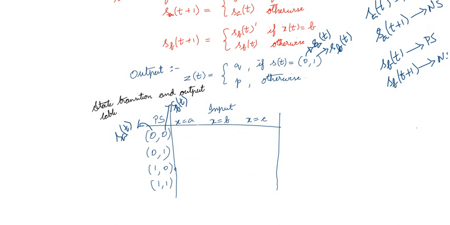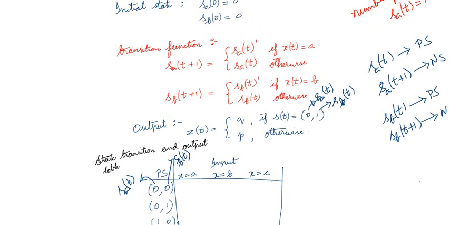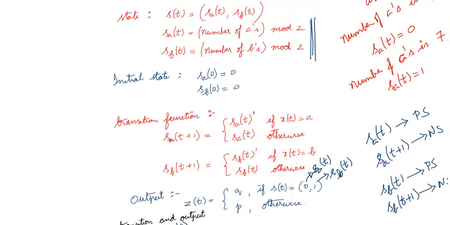What is the meaning of 0, 0? Both are even numbers: an even number of A's and an even number of B's. Look at the condition. The number of A's is an even number, even mod 2, answer is 0. The number of B's is an even number, even mod 2, answer is 0.